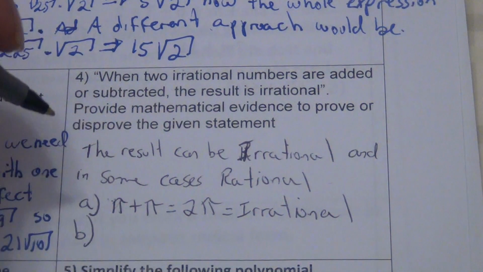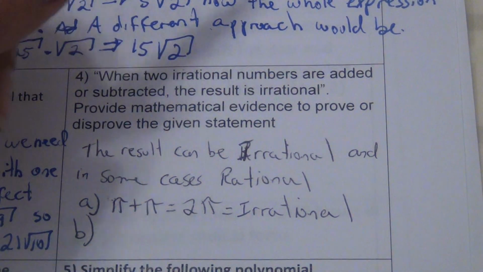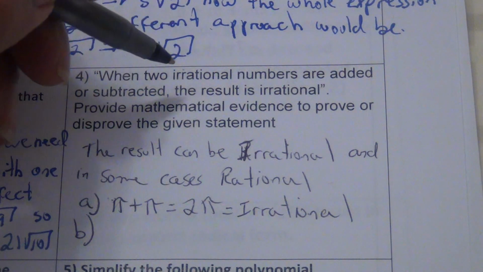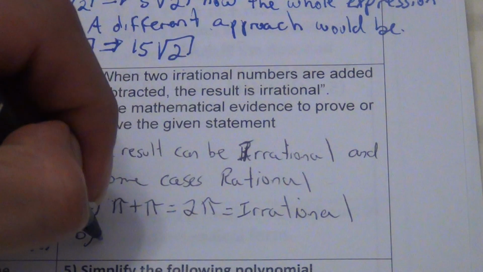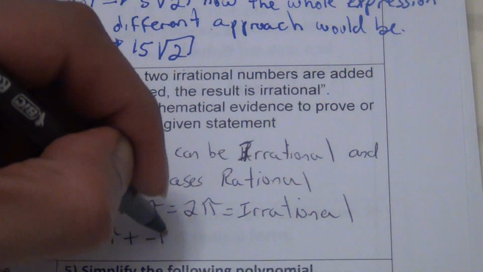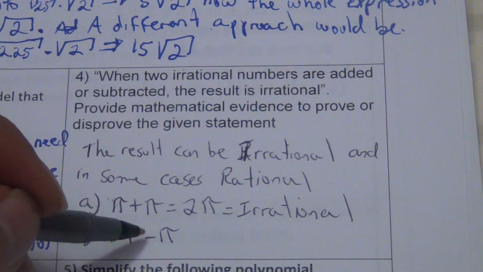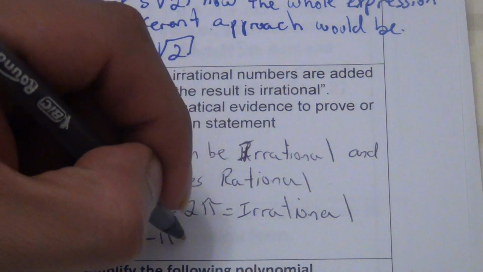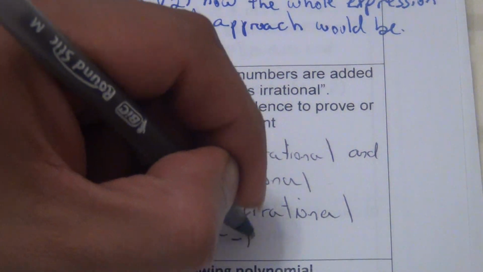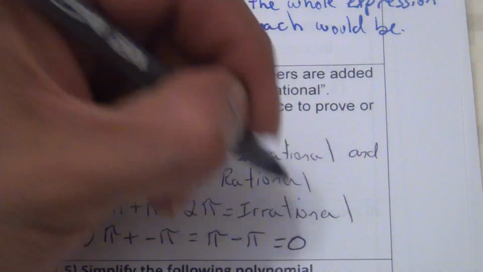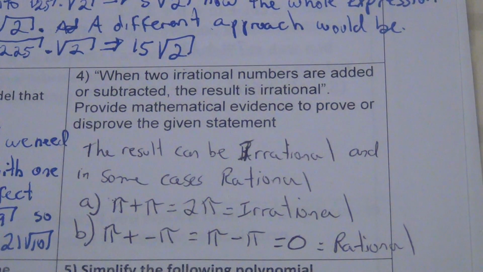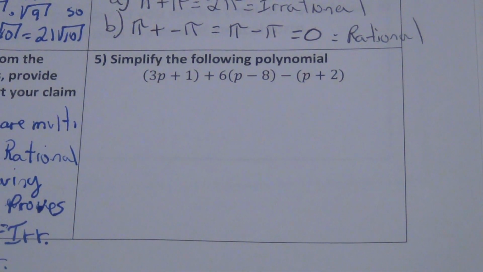But then again, remember, subtraction is the same thing as addition of an opposite number, of a negative number. So look, pi plus negative pi. You see, I'm adding two irrational numbers, or this can be the same thing as pi minus pi, or I am subtracting two irrational numbers. However you want to look at it, the result in this case is going to be 0, which is what? Rational.